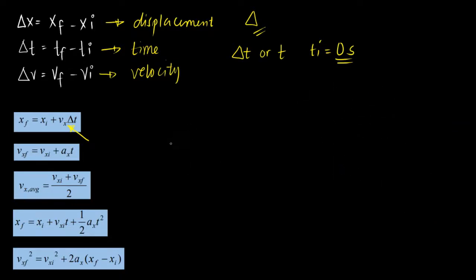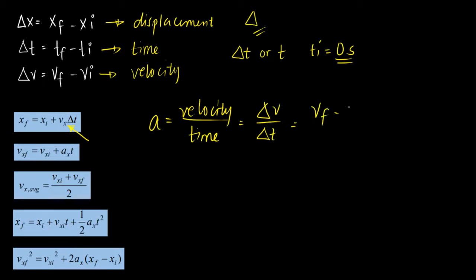Okay. For the second formula, we now have a, acceleration na siya. So, as you know, acceleration is the change in velocity over the change in time. So, ang atong definition will be delta v over delta t equals vf minus vi over delta t. Now, instead of saying delta t, our source just turned it into t.